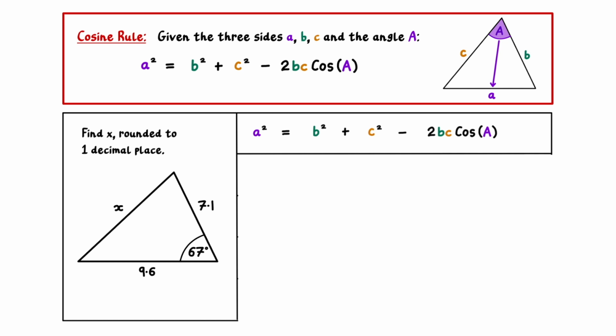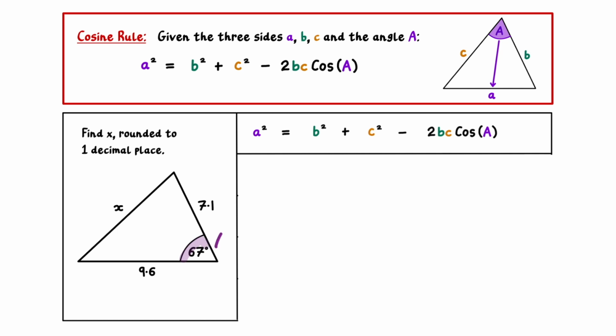In our first example, we have three sides labelled 9.6, 7.1, and x. We also have an angle of 67 degrees. Well, the cosine rule involves three sides and one angle, and that's precisely the setup we have here.